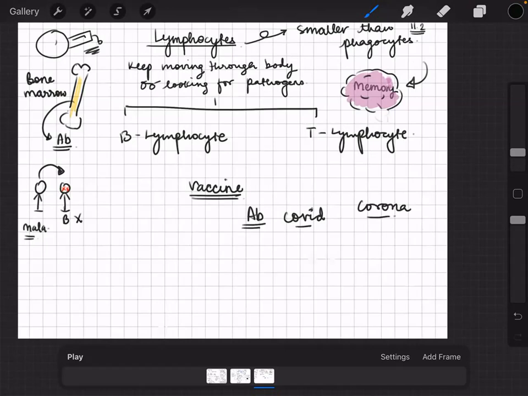Now, because of that, what happens is, if even a similar kind of virus infects their body, like something which is responsible for causing only the common cold, their body thinks it is still the COVID virus and it reacts very vigorously to it. So where you are supposed to just fall ill for a day or two, your body raises such a huge amount of response that something that could have been cured in 2 days makes you so weak that you have to stay in bed for longer than 2 days.